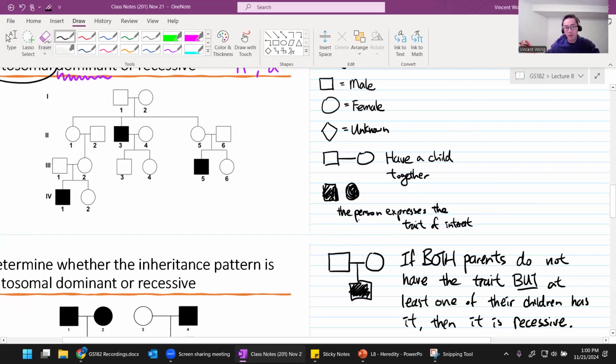I don't have brown hair, my wife doesn't have brown hair, but one of the kids does. And so the brown hair must be a recessive trait. So I probably have a recessive brown hair allele in me, and so does my wife. And so when you do the Punnett square, there's this 25% chance. Do you guys understand? I know I keep on asking you every class.